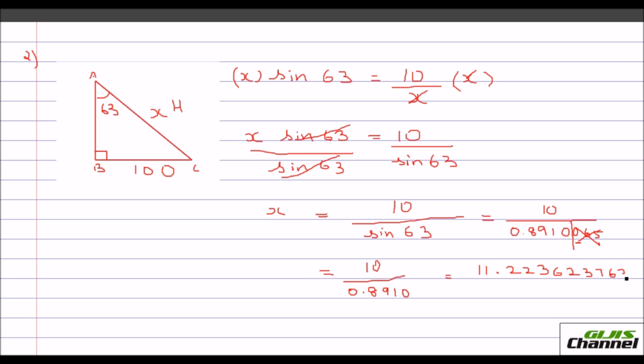Since it is the hypotenuse side, for a side you just need to round it to one decimal place. The next number is 2, which is less than 5, so you can truncate this portion. And your x is equal to 11.2.